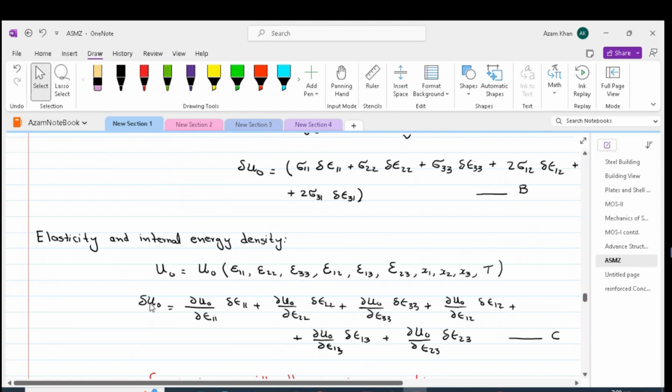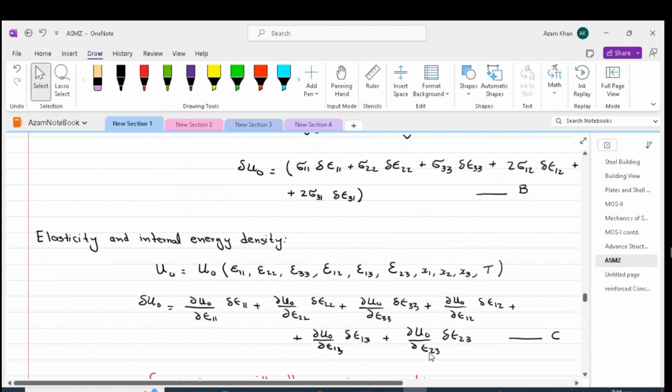That variation can be expressed as the partial change in the strain energy with respect to epsilon 11 times delta epsilon 11, plus the partial change in U naught corresponding to epsilon 22 times delta epsilon 22, and similarly for epsilon 33, epsilon 12, epsilon 13, and epsilon 23.